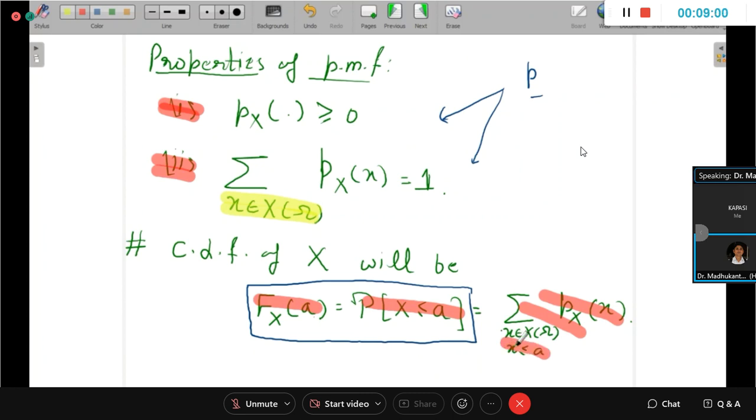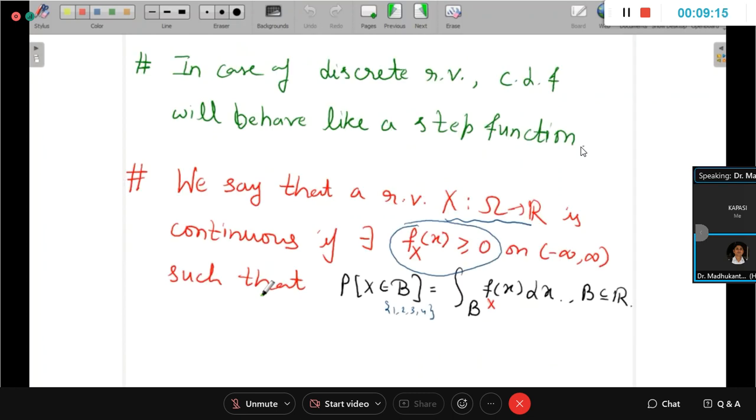You sum up all this to get the CDF, which is short for cumulative distribution function. We also identified that for a discrete random variable, the CDF behaves like a step function. It is non-decreasing, and we listed some of the properties there.